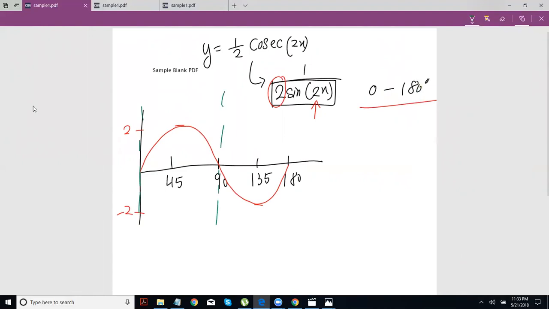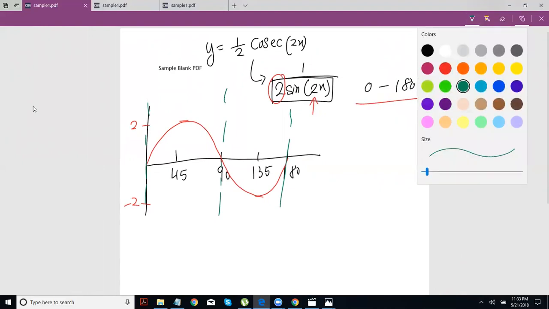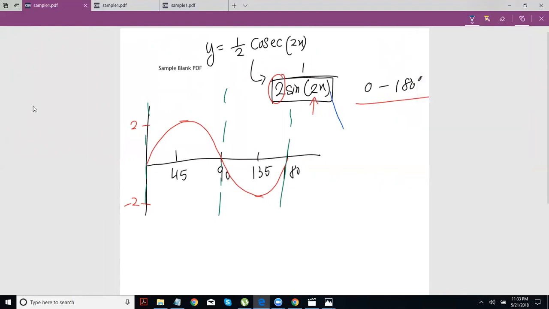So asymptotes. Now, if you think about it, at 45 degrees, what are you getting? At 45 degrees, you have 1 upon 2, right? This value that sine is giving you is 2. So your cosec would be 0.5, half. So if this is 1, this is 0.5.